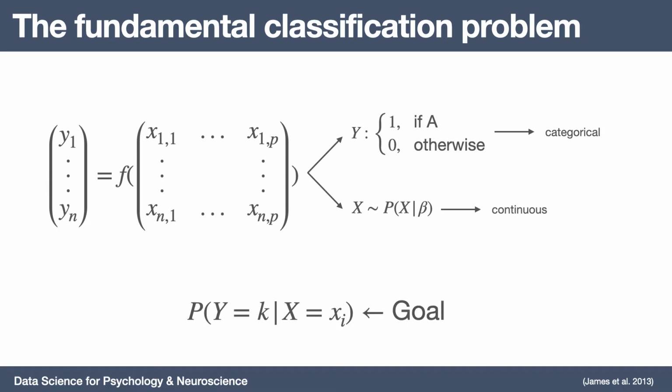Now, the goal of classifier algorithms, as was gone over in the classifier lecture, is to determine the probability that y is in state k given a particular observation or set of observations in x. So what you're trying to do is determine a categorical state of y given the patterns you observe in x.